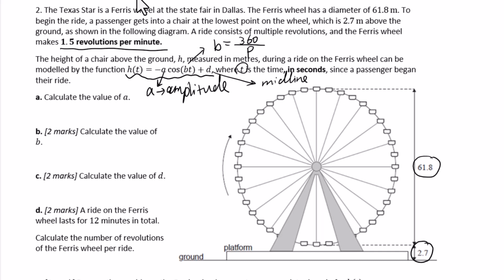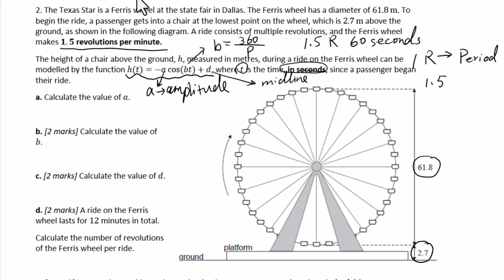Since t is the time in seconds, 1.5 revolutions per minute means 60 seconds. We need to figure out for one revolution how many seconds it will take. That is the period. Let's do the ratio.